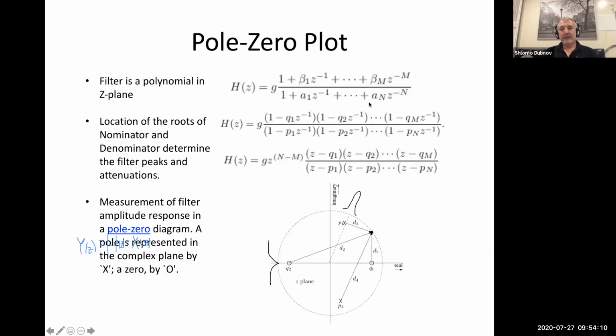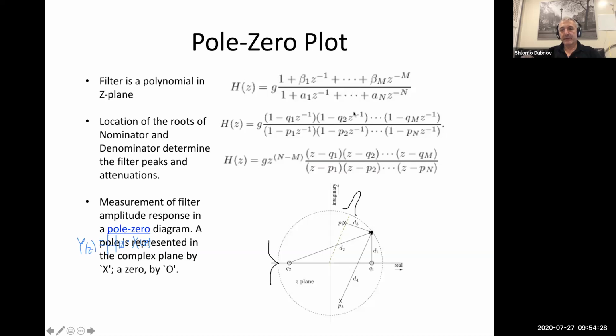Now, if we accept the idea that this is a polynomial, with z to the power of something, we can always solve them, because we have m roots of this polynomial and n roots of this polynomial.